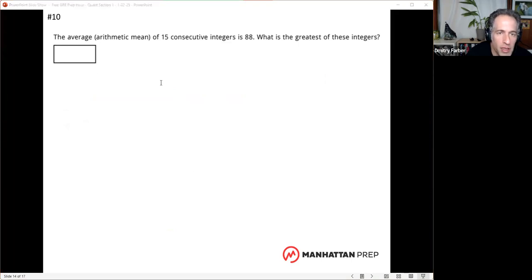One way to do that fairly quickly would just be to write them all out. I could just say, hey, if the average is 88 and they're consecutive, that means they're going up by 1, right? It doesn't say consecutive odds or consecutive evens, it just says consecutive. So I'd have 7 in front of it and 7 before it.